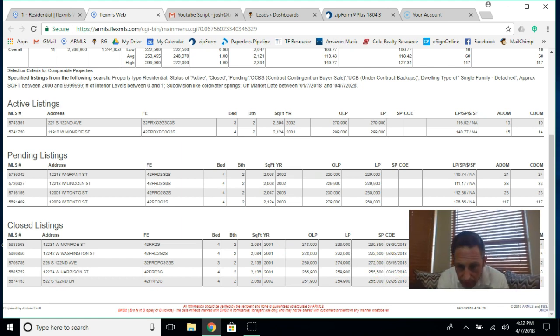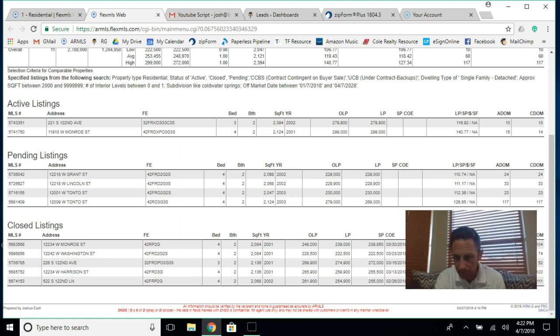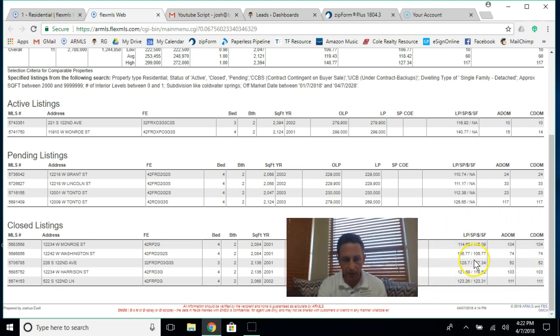These were $127.34 a square foot and $119.62 a square foot. So our list price of, what is it, $116.92 a square foot is actually a better deal than both of those people got on their home.